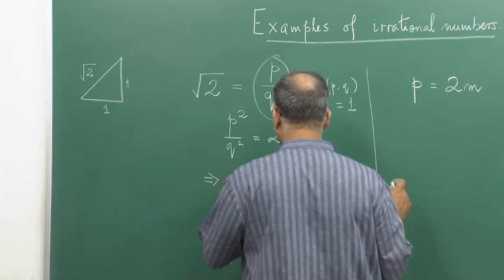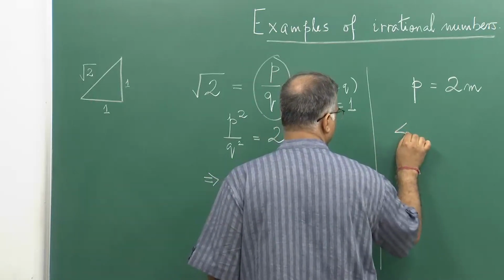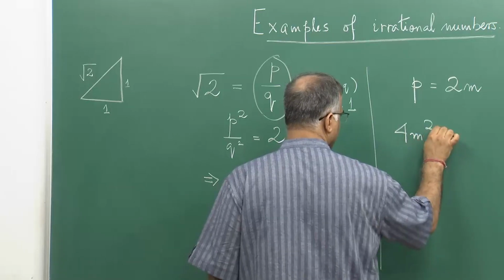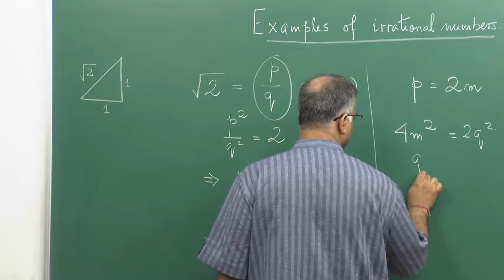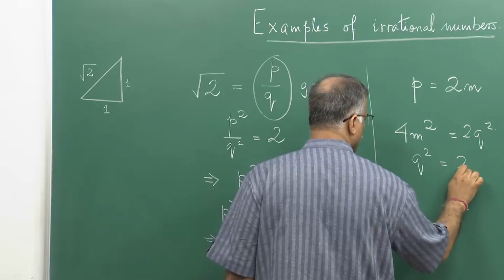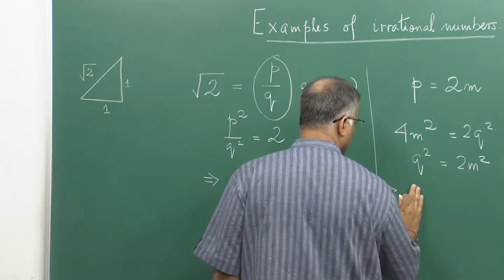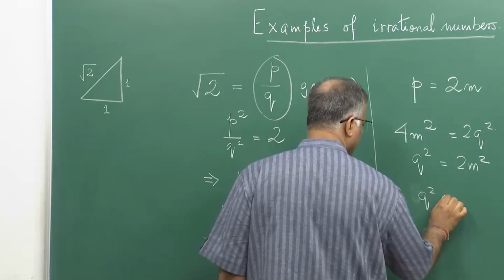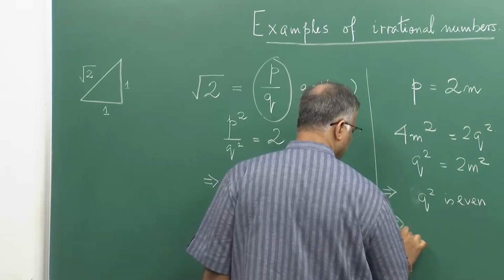So, if p is 2m, I put it in the equation p square equal to 2q square, to get 4m square is equal to 2q square, which simply gives me that q square is 2m square, which would imply that q square is even. So, it implies that q is even.